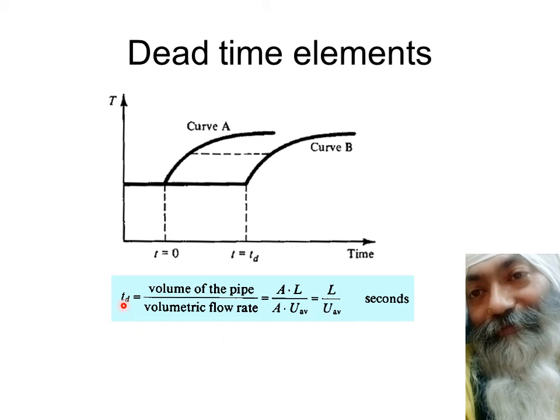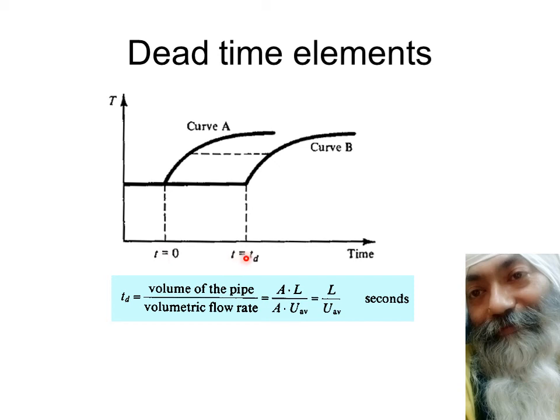So this is the TD, and whatsoever is the curve, this curve is represented by some function. This is happening at t, and this is happening only at t equal to TD, that is after t equal to 0.